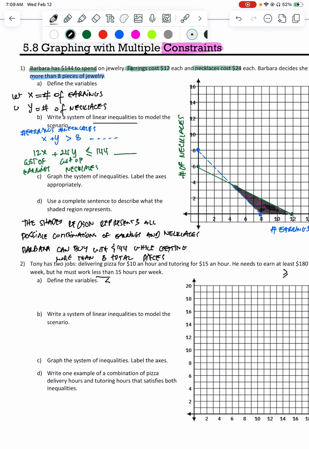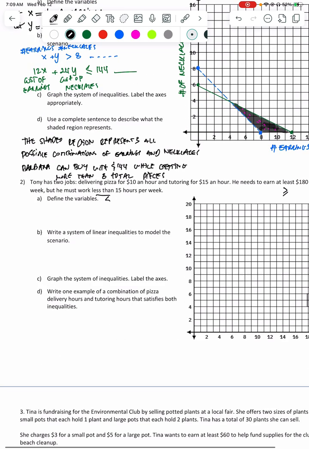Let P be the number of hours delivering pizza, and let T be the number of hours tutoring. Okay, that's defining the variables.